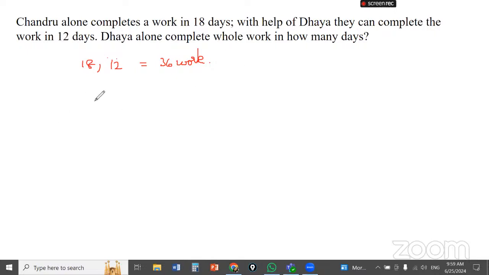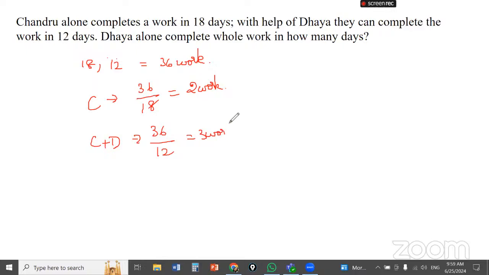If I take C, that is Chandru alone, out of this 36 work, he can complete it in 18 days, so his 1 day work will be 36 by 18. That is 2 works in 1 day. And C plus D together will be completing 36 by 12, that is 3 works in 1 day.